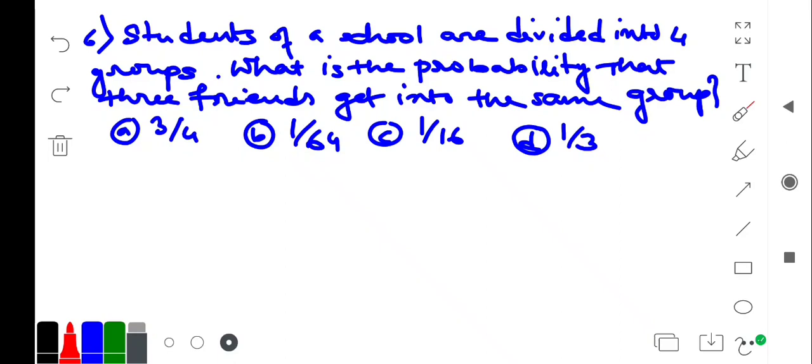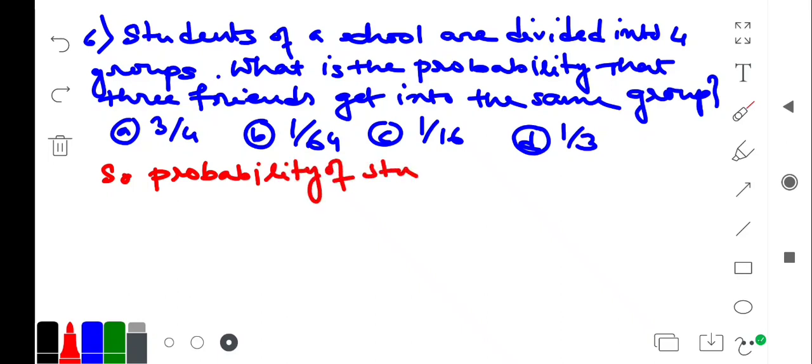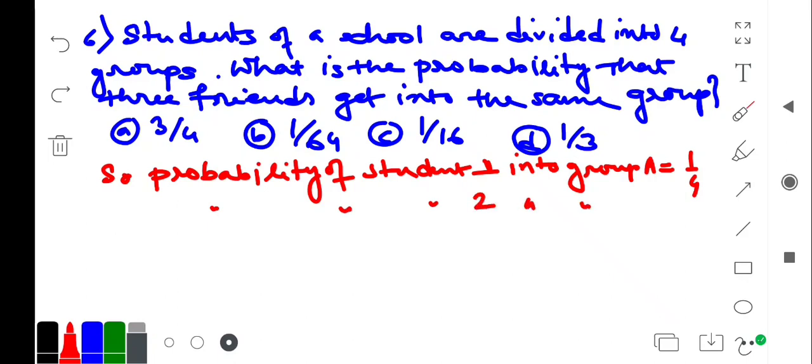So the probability of student 1 going into group A is equal to 1 by 4. Similarly, the probability of student 2 going into group A is equal to 1 by 4.